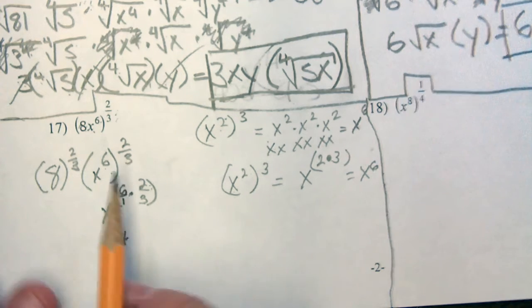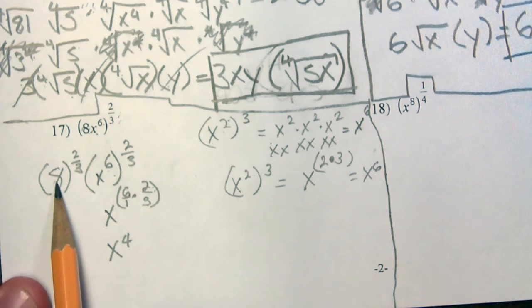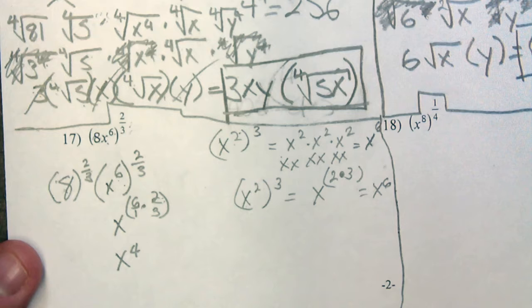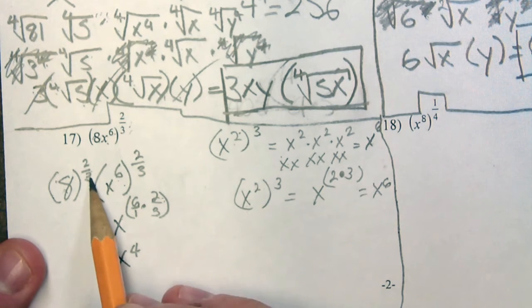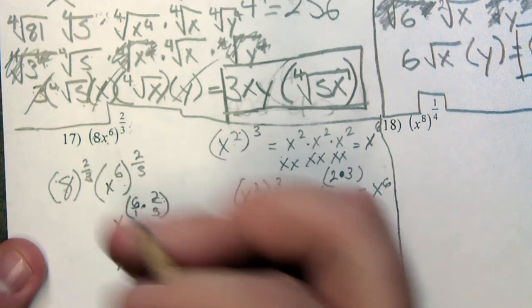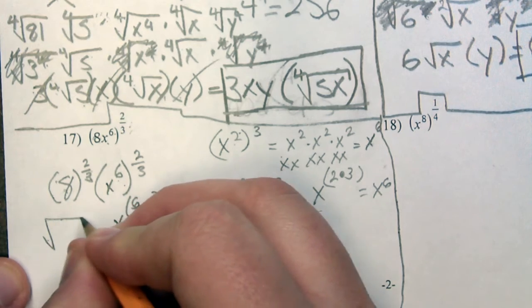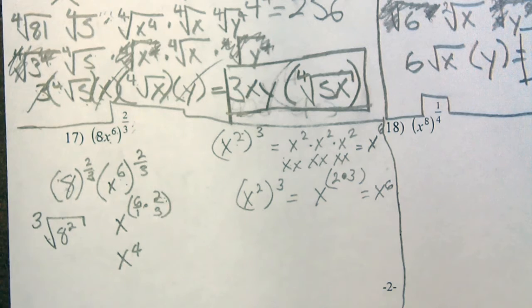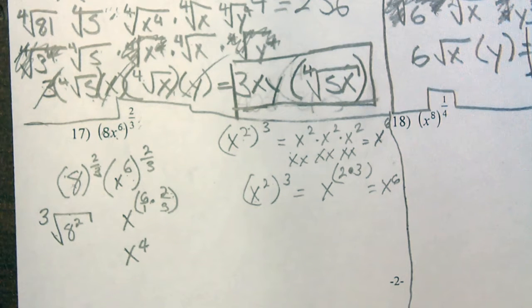Well, the only weird thing is that when I raise 8 to the 2/3 power, it's a little weird, because remember now, this is the same as saying the third root of 8 squared.